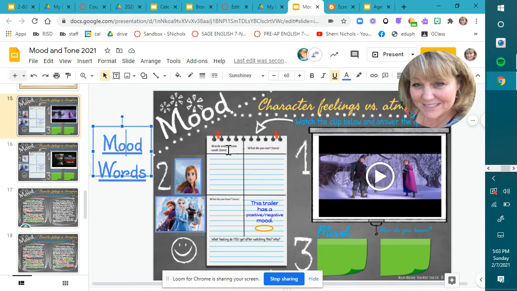And then it's words and phrases. So what tone words or what words or phrases are used in here? What do you see, as in that's setting the tone. It would be different things, like things people are saying, things people are doing, and things that are happening in the scenes. What do you hear that's setting a certain tone?